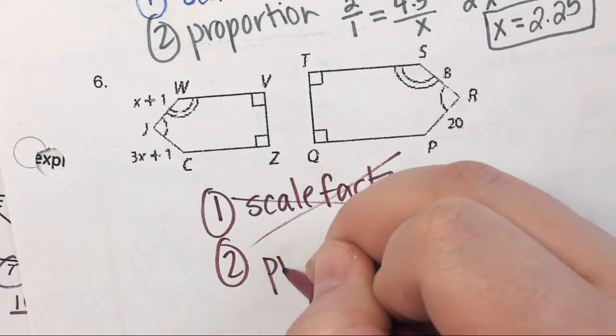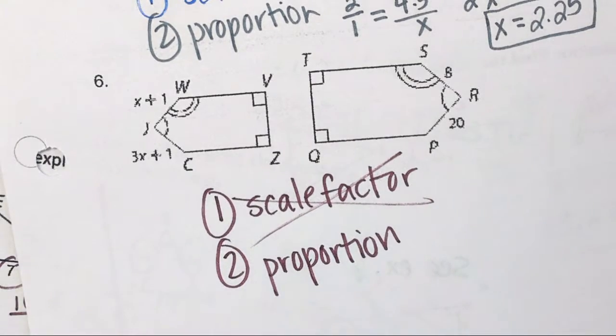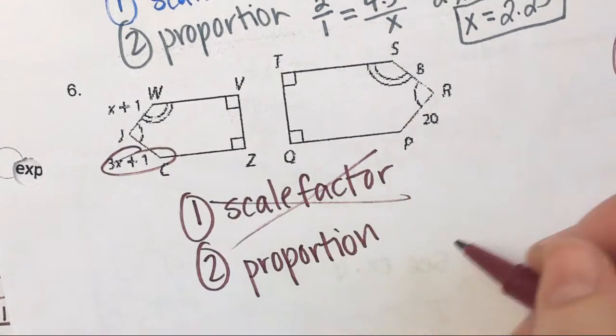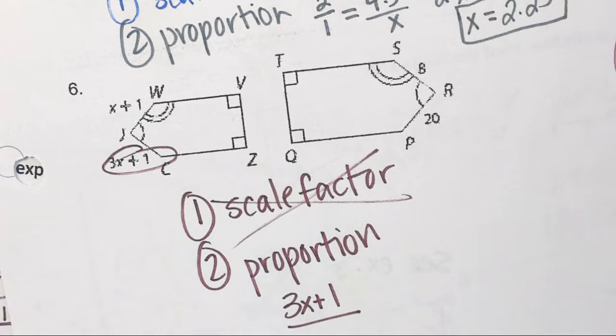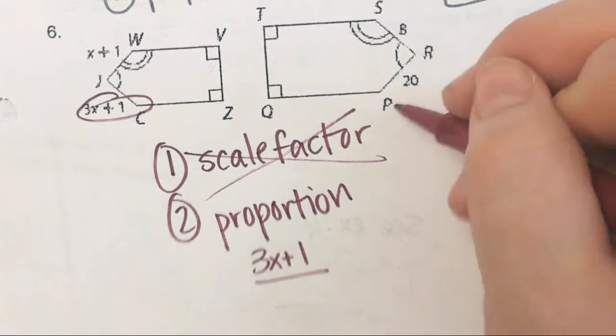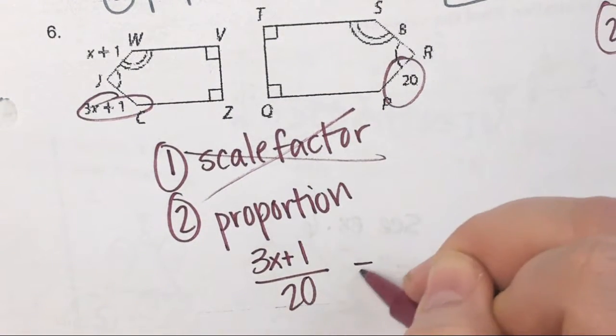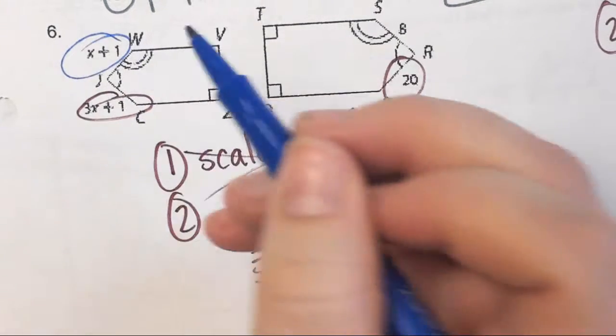Can she still set up a proportion? So let's see if she can. If I use 3x plus 1, what number do I need to use from the other? Do I use 8 or do I use 20? 20. So 3x plus 1 over 20 equals, and I'm going to do x plus 1 over 8.